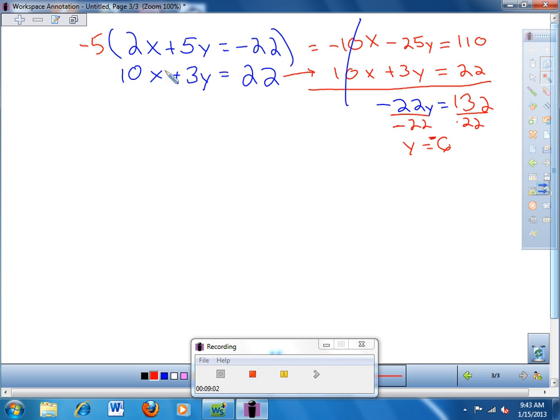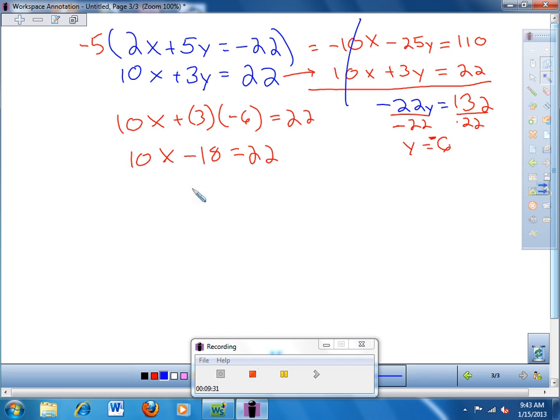So then I have to take my negative 6 and plug it into one of my original equations. I don't like negative numbers, so I'm going to plug it into this one. It doesn't matter which one you plug into. I have 10x plus 3 times negative 6 equals 22, which gives me 10x minus 18 equals 22.